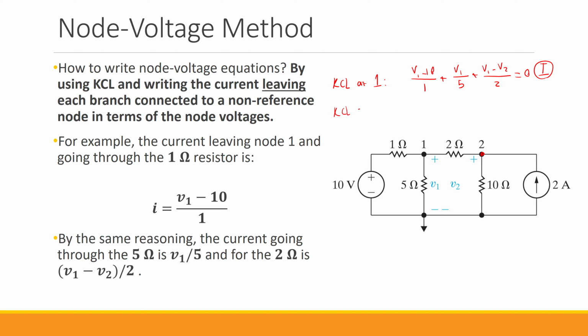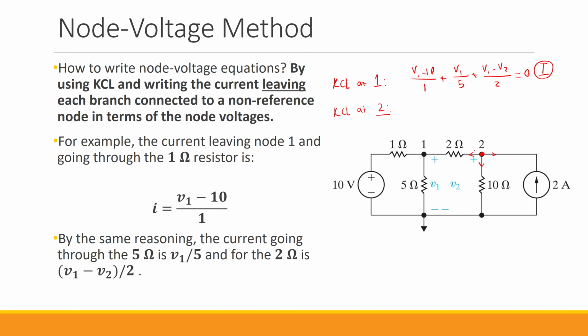We do the same thing. So we write the KCL at node 2. Again, we consider all the currents are leaving node 2 because we want everything to be consistent, right? So based on that, we write down the equations for KCL for this node as well.